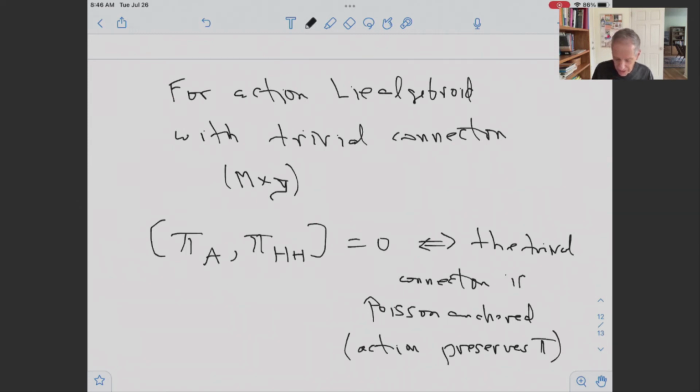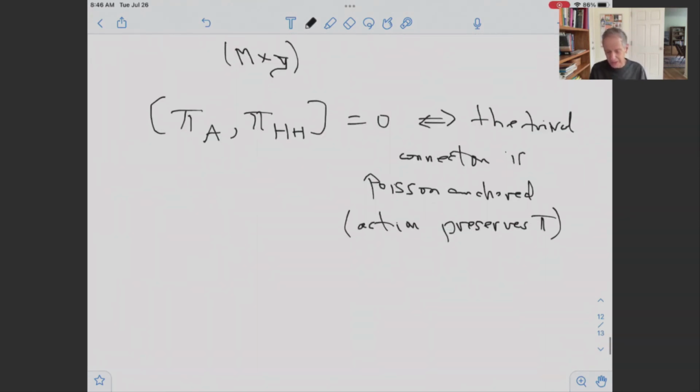So this is a good step in the direction of showing how, and by the way, in that case, since pi HH is also a Poisson structure because the connection is flat, this condition is the same as saying that the sum of pi A with pi HH is equal to 0. That's the usual condition that we look at for pairs of Poisson structures.